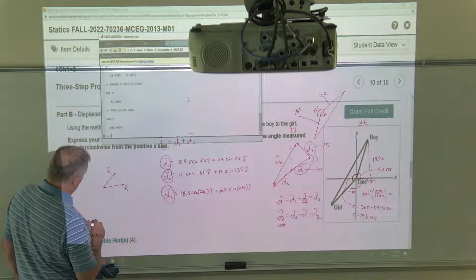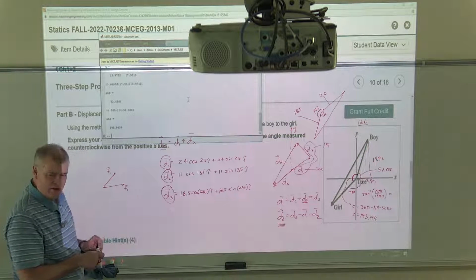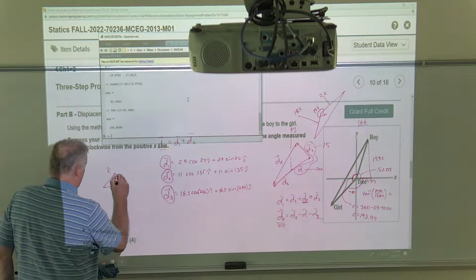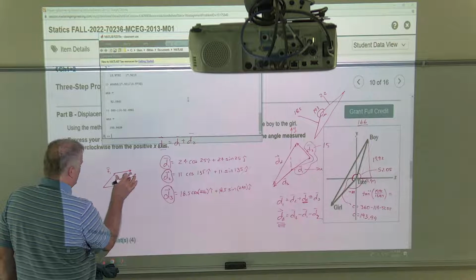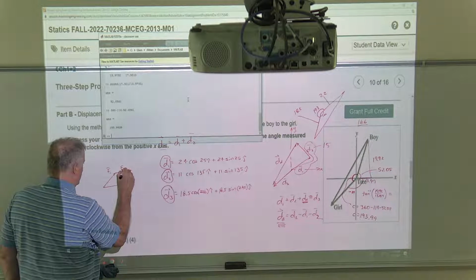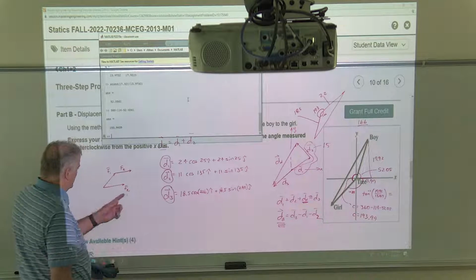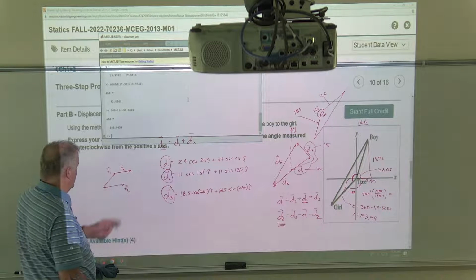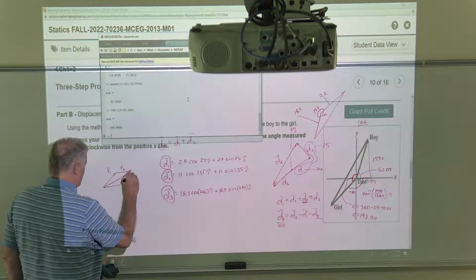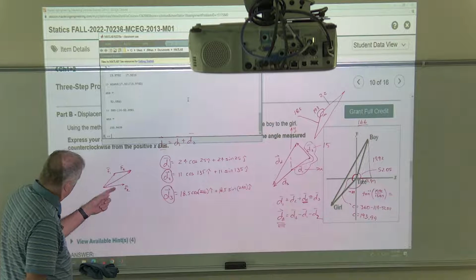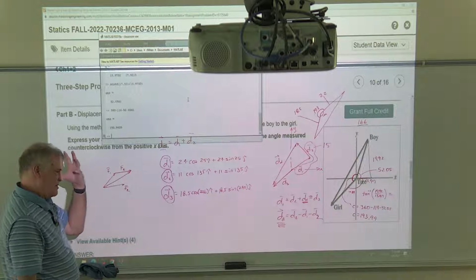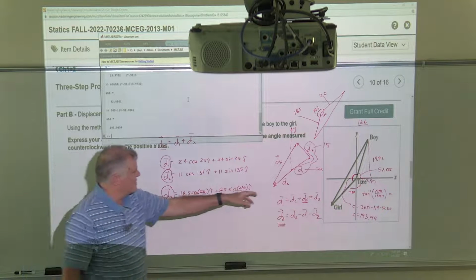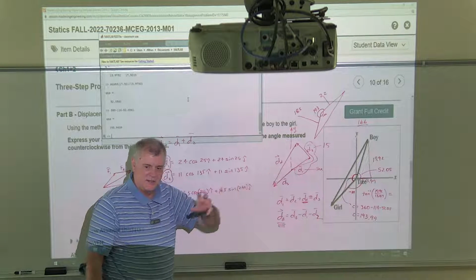At first you think about what you're doing, but then actually when I add them, I'm taking one and putting it at the end of the other. If you put it at the end of the other, that's the resultant. But sometimes they just list them, and when you're walking the vectors like this, you have to think a little bit differently.